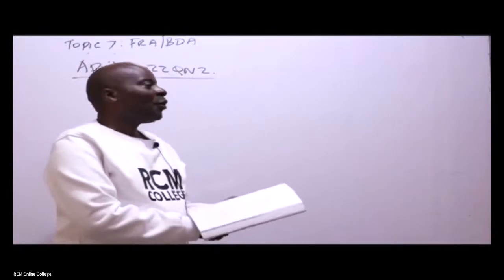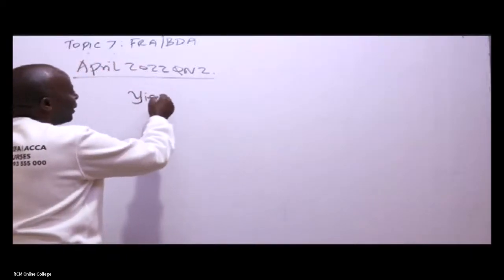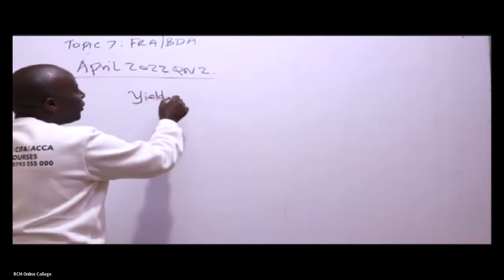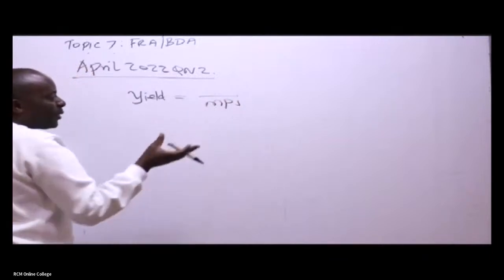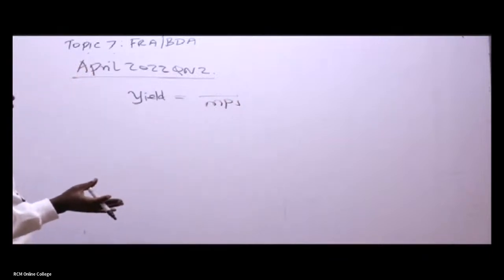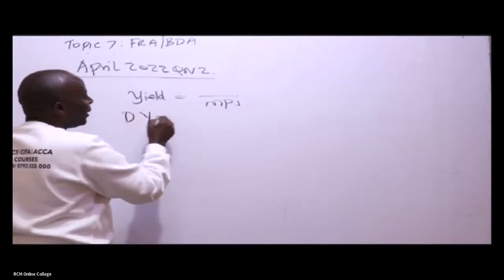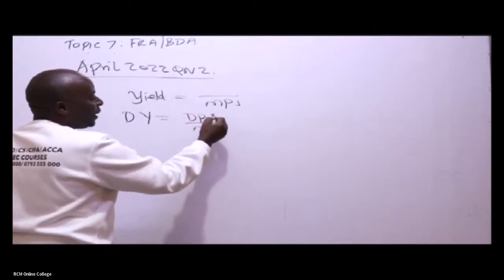I like this. Whenever you hear of anything called yield, know that at the base we have market price per share. So if they talk about dividend yield, then it will be DPS over MPS. Very easy.